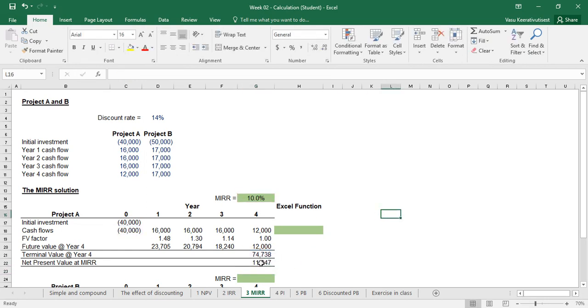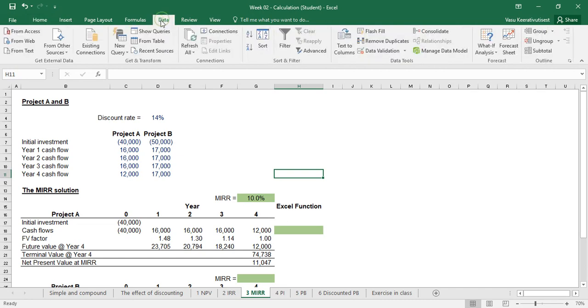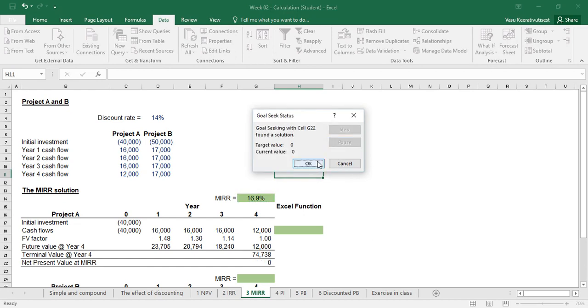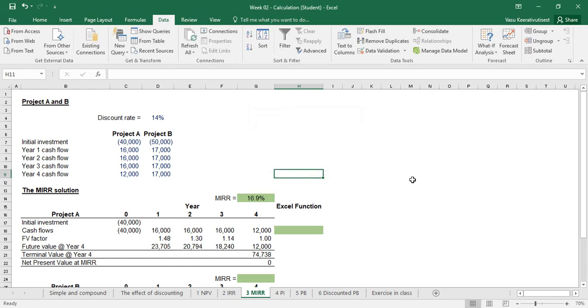So right now you can see that the MIRR of 10% does not bring this one to 0. So we use the same function. Go to Data, go to What-If Analysis, go to Goal Seek. We want to set this net present value to 0 by changing this MIRR, and you click on OK. So you see right now the MIRR is 16.9%. Okay, this is how we calculate MIRR manually.